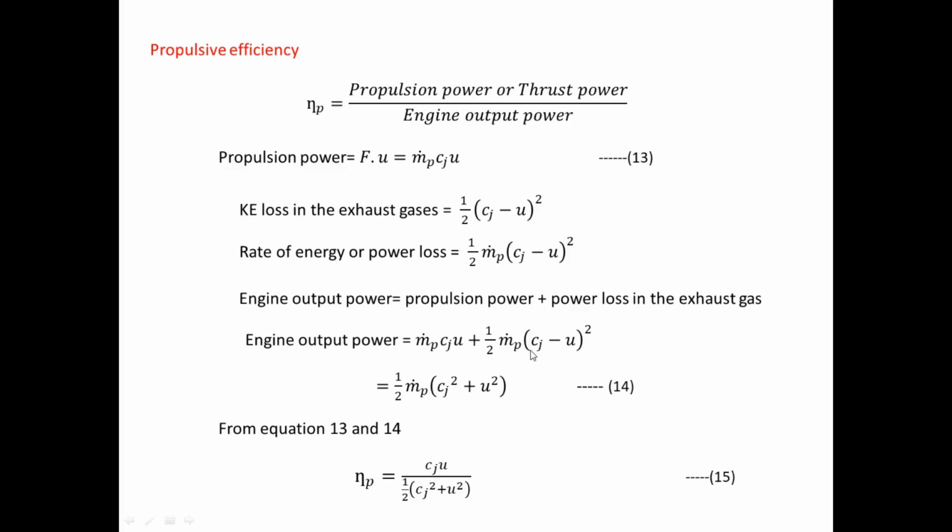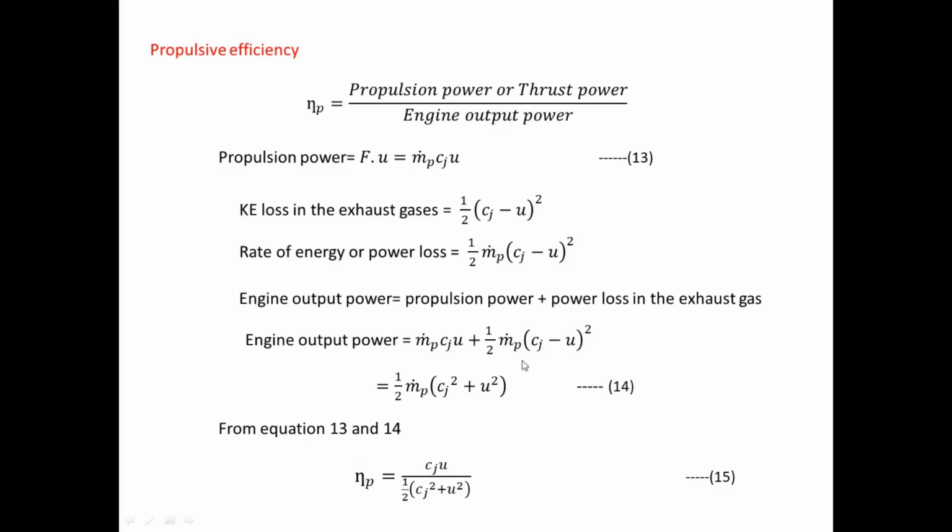So the engine actually produces power for driving the vehicle in the forward direction, plus this power loss by the exhaust gases. So m dot p into Cj into U plus half into m dot p into (Cj minus U) all square will give the total engine output power.